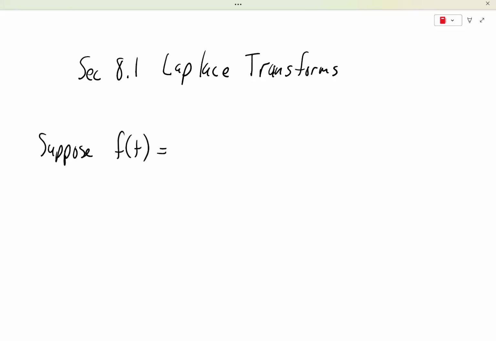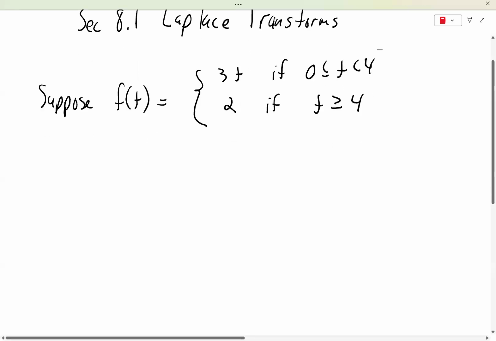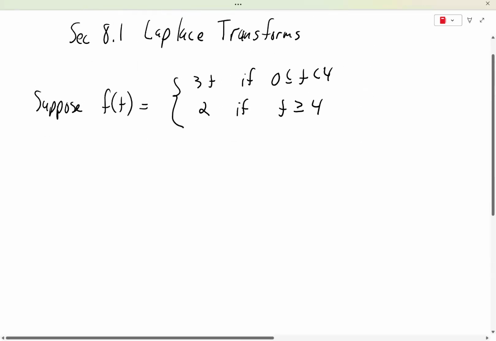So suppose f of t is a piecewise function here, say less than 4. Okay, so we have a piecewise function.